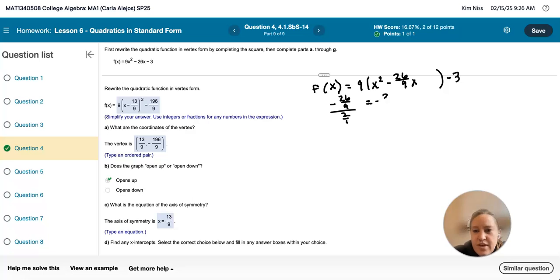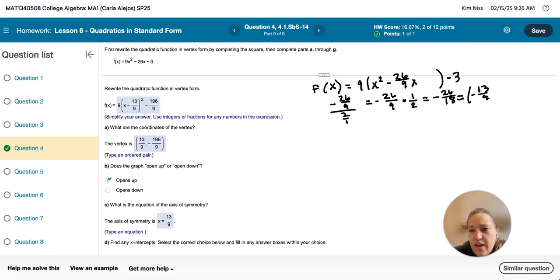So that just turns into negative 26 over 9 times 1/2 and multiply straight across. So you end up with negative 26 over 18. So now we can actually reduce that down to negative 13 over 9.